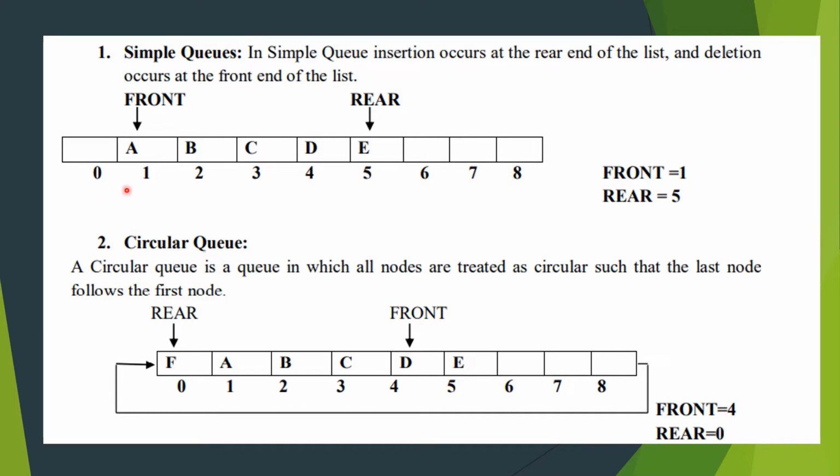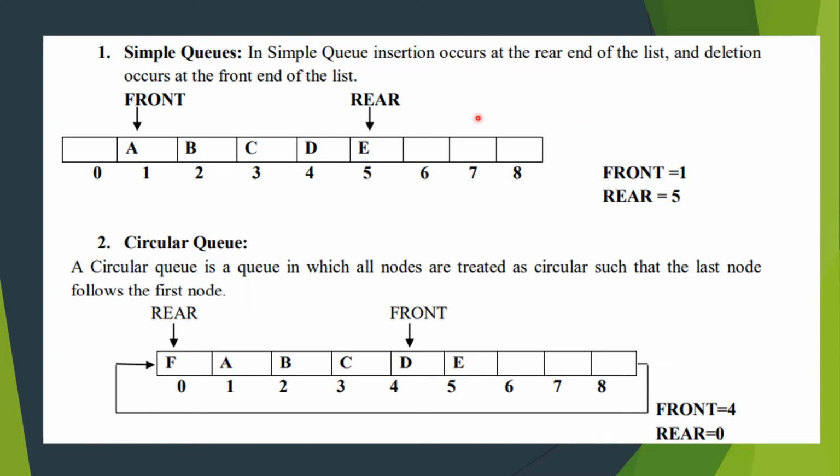This is a diagrammatic representation of the simple queue. Insertion always takes place at the rear end and deletion at the front end. The elements are inserted one by one, with indexes 0, 1, 2, 3, 4, 5, 6, 7 and 8.